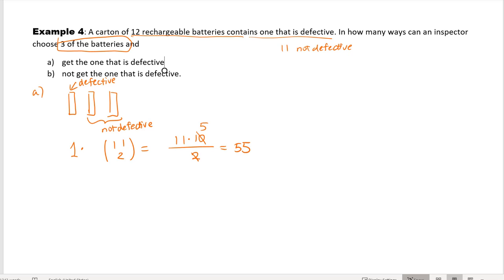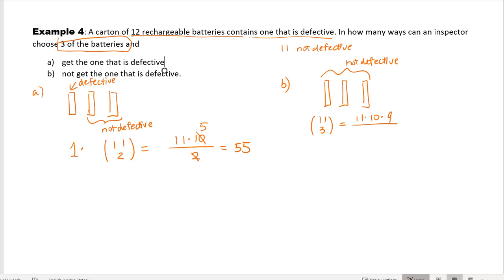Okay, and part B, not getting the one that is defective. Not getting the defective one means all of them are not defective. Well, the order does not matter, right? So we just have 11 not defective, and we want to choose 3 of them. How do we do this? 11, count down, 10, 9.